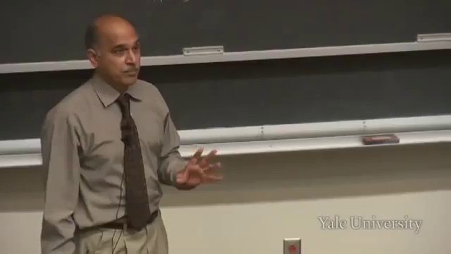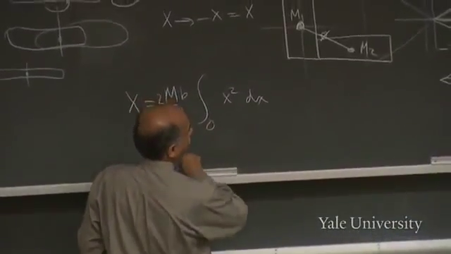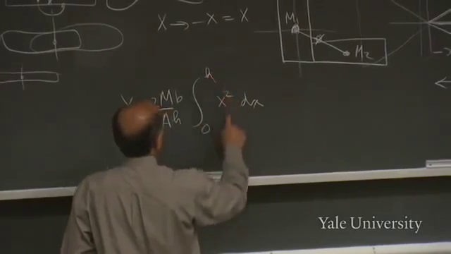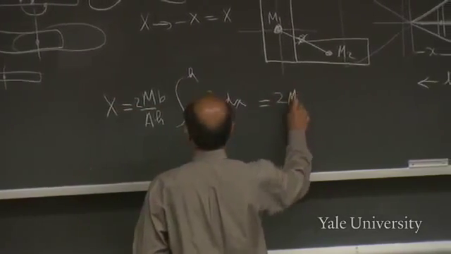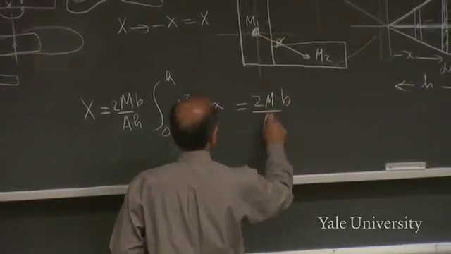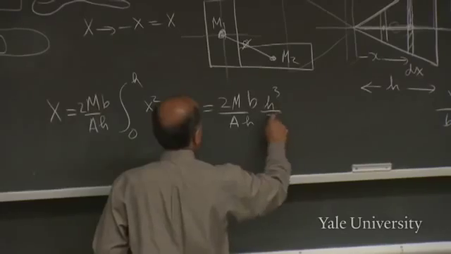So there are two x's. That's what you've got to remember. That should be integrated from 0 to h. That'll give me h cubed over 3. So I get 2mb over A times h cubed over 3.